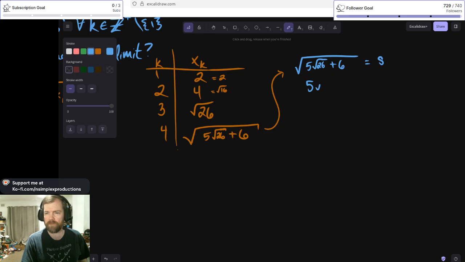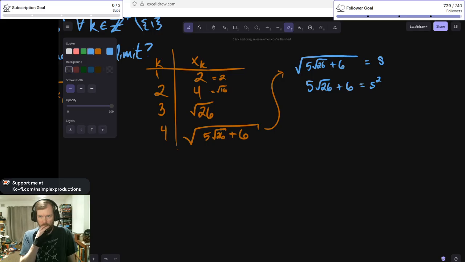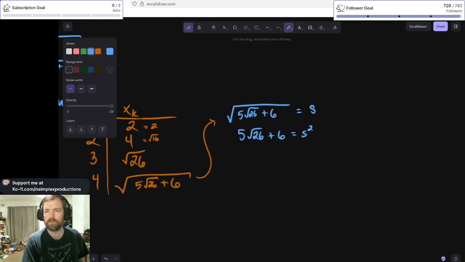All right, so that means that 5 square roots of 26 plus 6 are going to be s squared. That might be a mistake. Hang on. How do we do it in the other case? There is a simple case like this that shows up in sums and differences all the time.